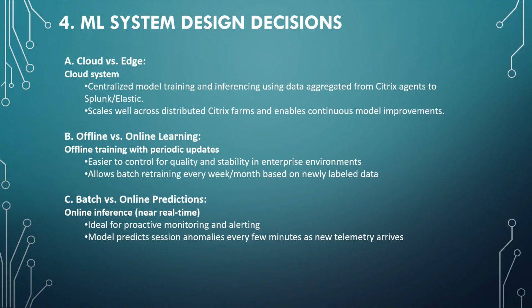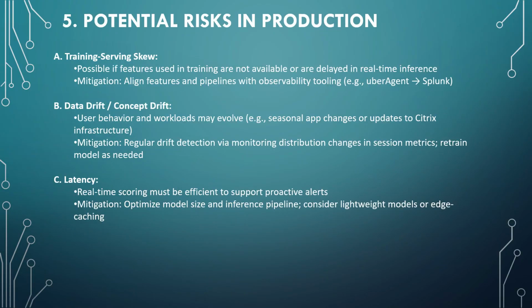Last but not least, let's think about moving into production. We trained our model, and we had feedback from the IT administrators. So what's next? There are several risks we need to consider. The first one I consider is training-serving skew, and we can mitigate these failures by aligning the feature pipelines and testing them every single day.